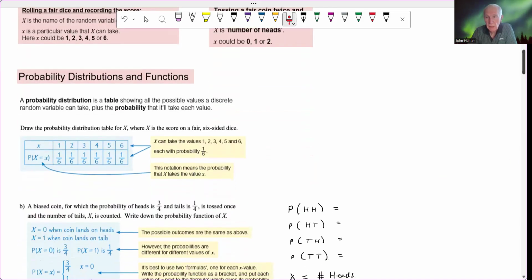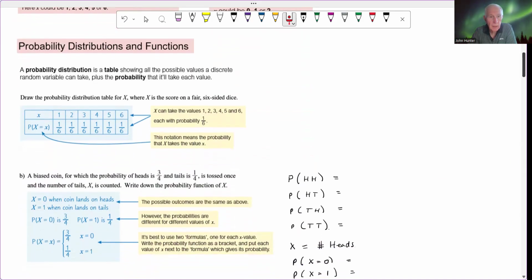Okay, so let's have a think about what we mean by a probability distribution. A probability distribution is a table showing all possible values that the random variable can take with its probability. So again, going back to the fair dice situation, the random variable can take 6 different values, each with a probability of 1/6.